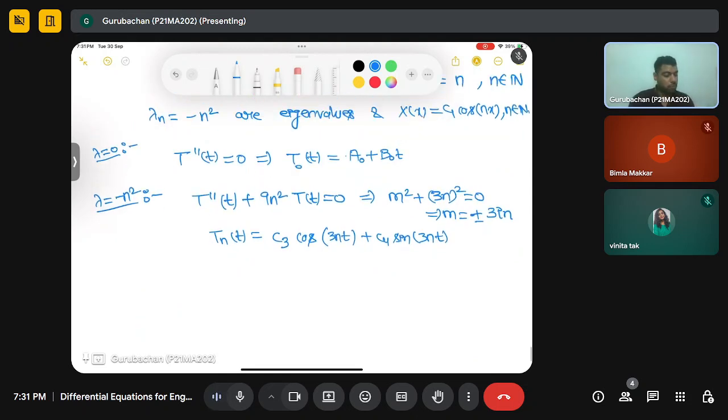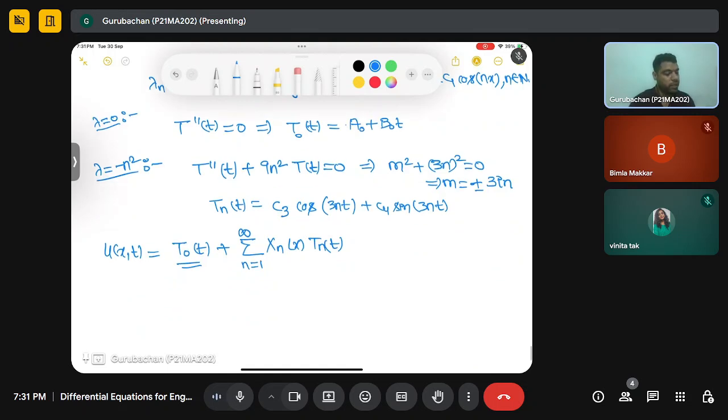Now we have to combine to get u of x, t. So here u of x, t, this series will start from a naught plus b naught t, plus the sum from n equal to 1 to infinity of X n of x T n of t. I am writing this separately because it is a linear kind of function. Then u of x, t will be a naught plus b naught t plus the sum from n equal to 1 to infinity.